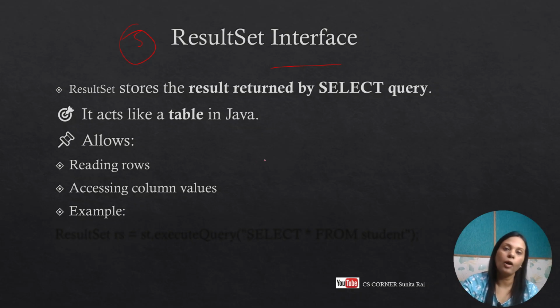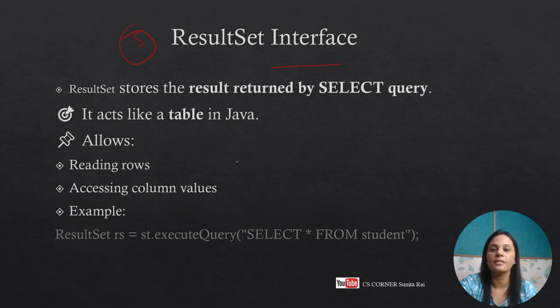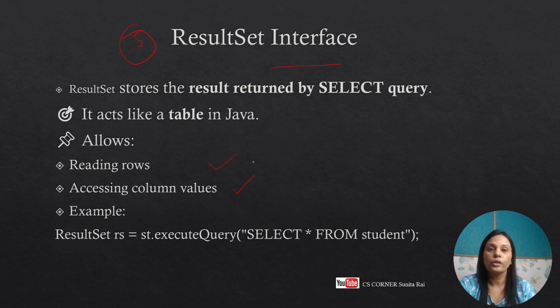So what will be the uses of this result set? You can use it for reading a row. You can use it for accessing a column. So these are different uses of result set. You can see here I'm writing select star from student. You know star means all the rows. So whatever rows I have in my student table, that will be returned. And which method am I using? Execute query. It is using the object of statement. You can use the object of prepared statement also.